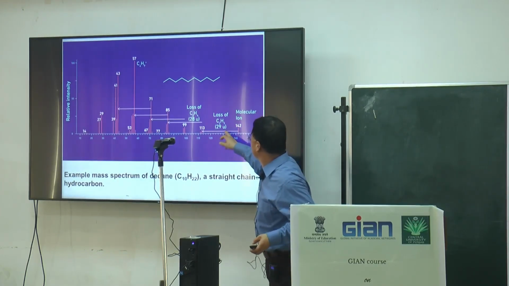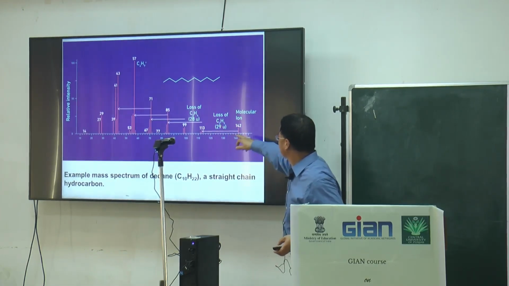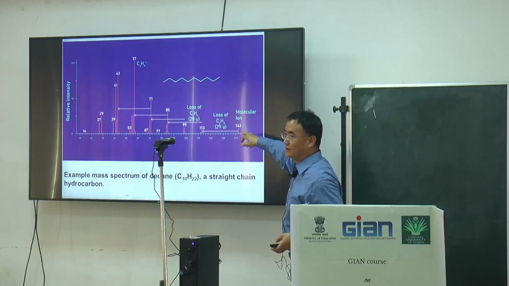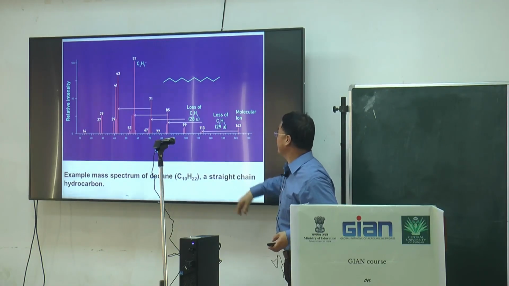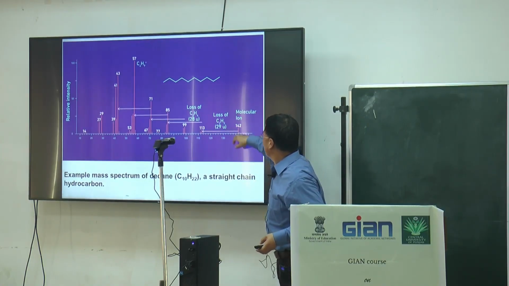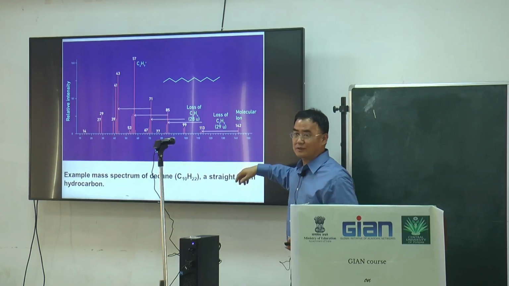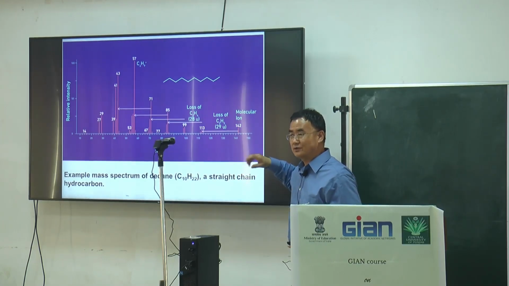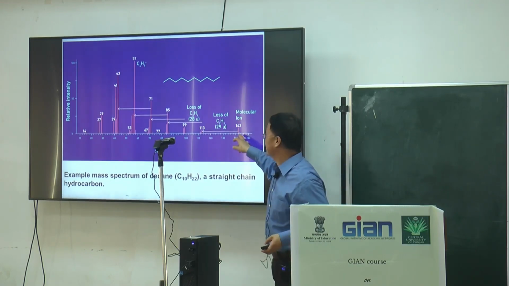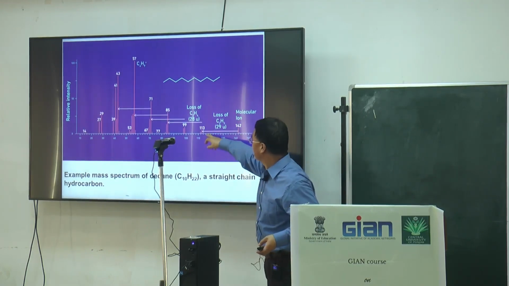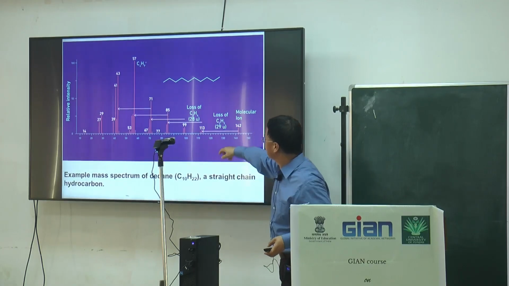First two carbons and then five hydrogens will be lost, and then another. Why is the signal very weak? Just because they are neutral molecules, not very high charge. And here the signal is also very weak.